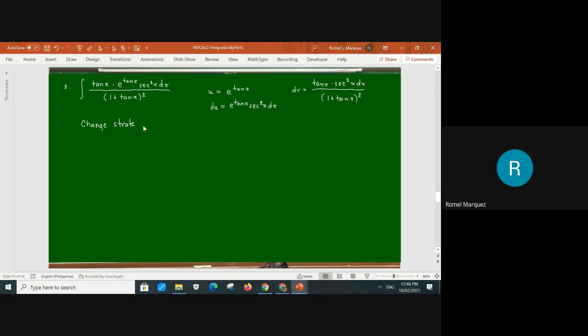Remember, integration by parts is trial and error. Even we do trial and error. If we continue, there will be no progress, so we change strategy.